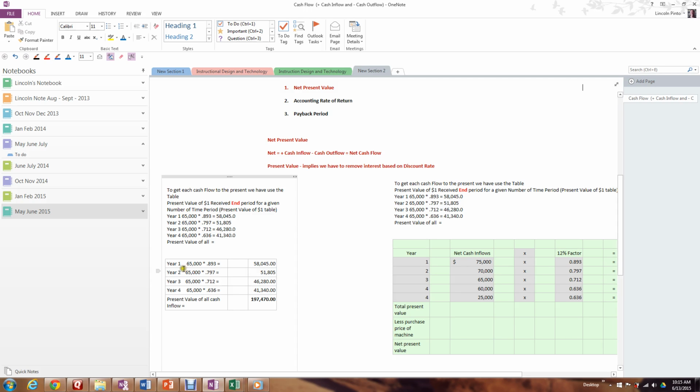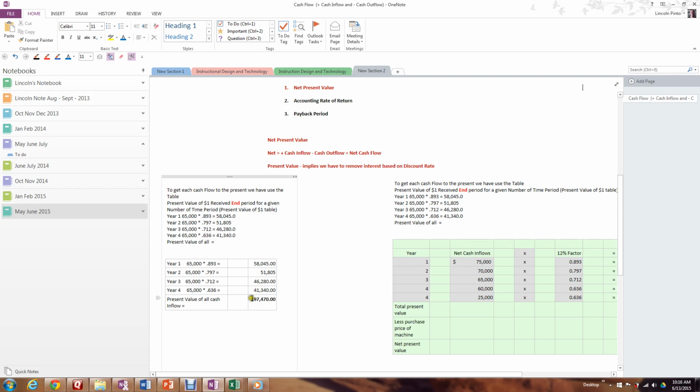So this $65,000 in the future, which is the end of year one, what does that equate to in today's dollars? $58,045 based on a 12% rate, which is basically us removing 12% of interest to get the value today.